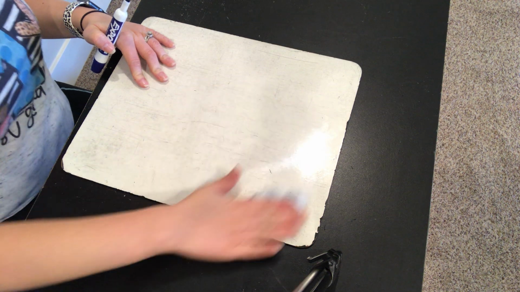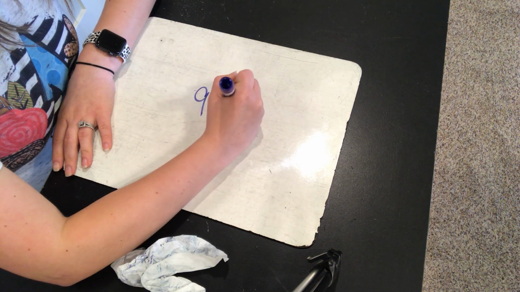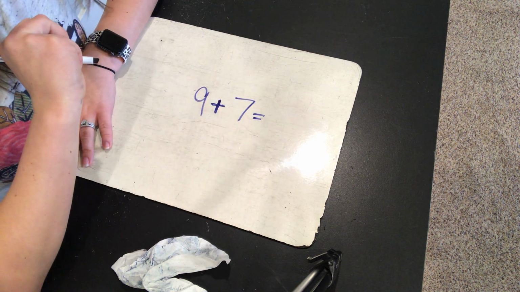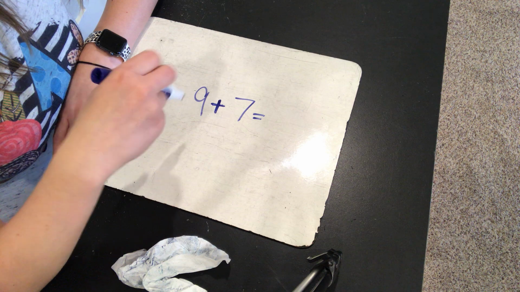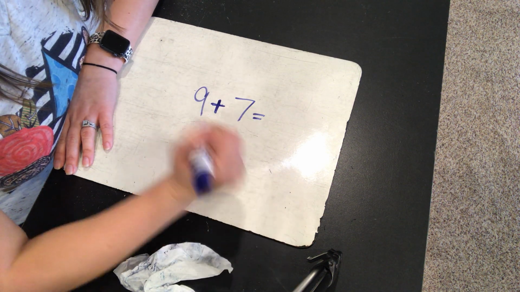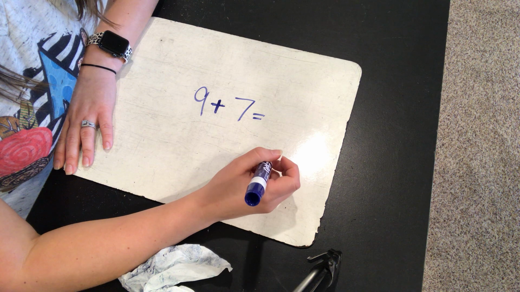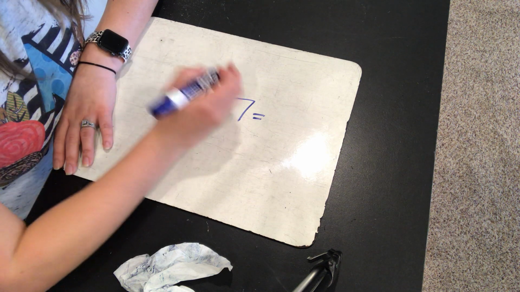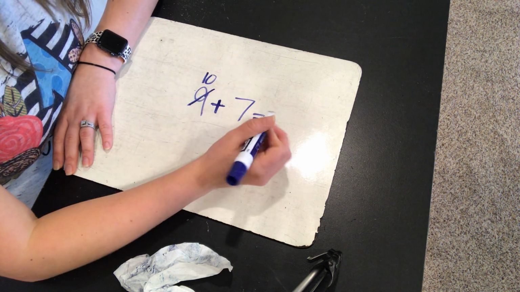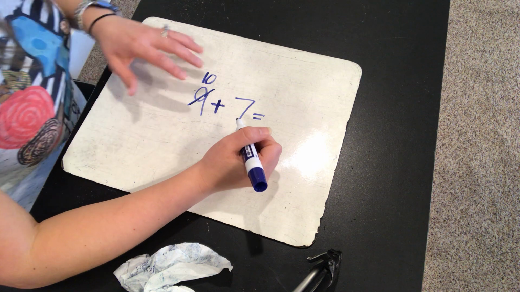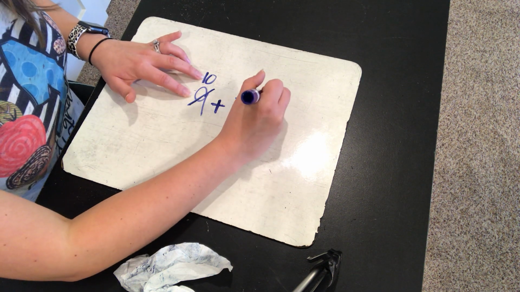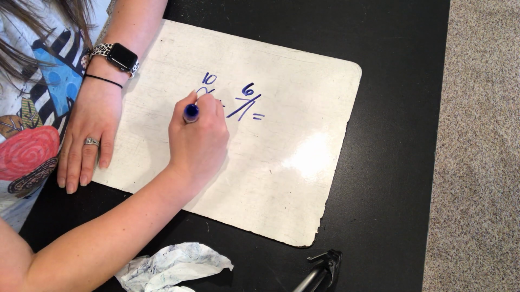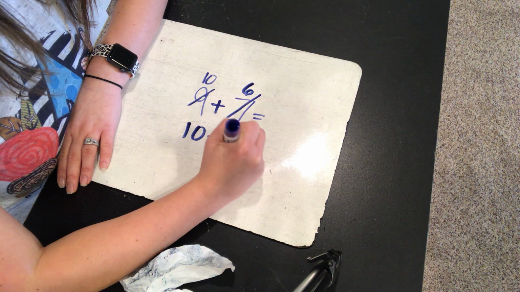All right, let's do one more. Nine plus 7. Alright, with 9 plus 7, go ahead and pause the video and I want you to solve the problem and then we'll check it. Alright, for 9 plus 7, you may have made your 9 into a 10, and before you solve, since we're adding 1 here, you can take 1 away here. 1 less than 7 is 6, and you can solve it this way, 10 plus 6.